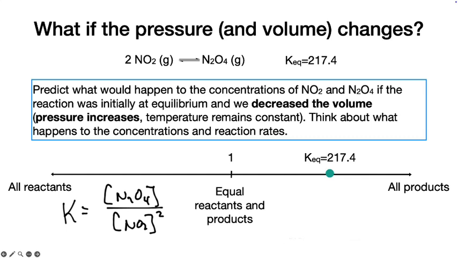Now, if we decrease the volume, what's going to happen to our concentrations? They go up across the board. Right, and I will pause on that too, because again, it goes up or down, that's a 50-50 flip.